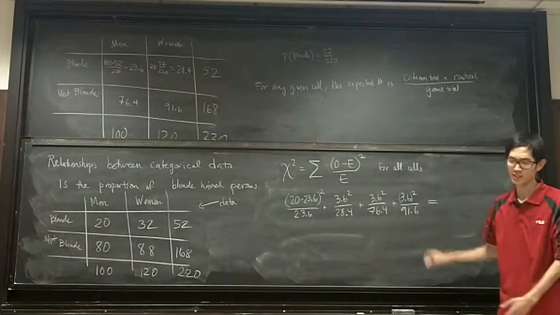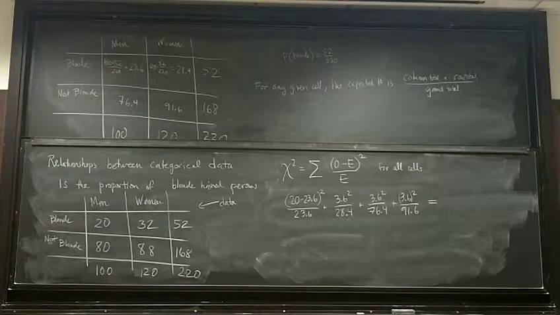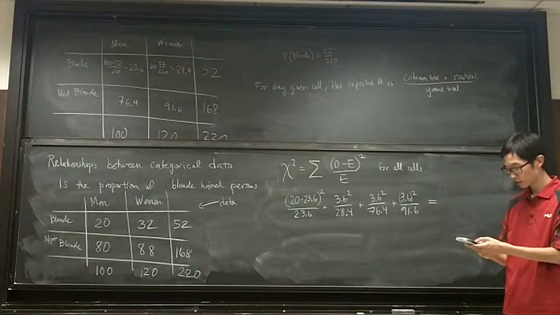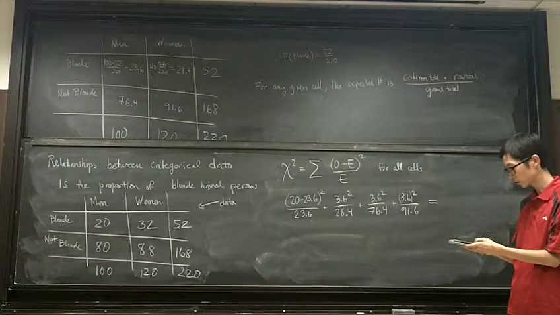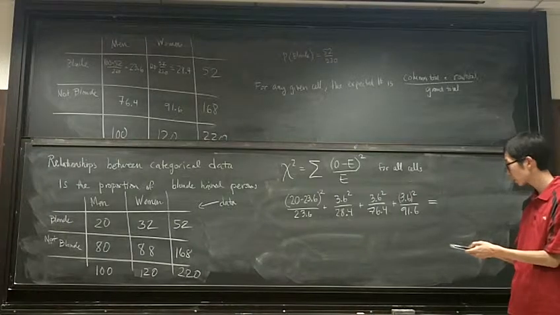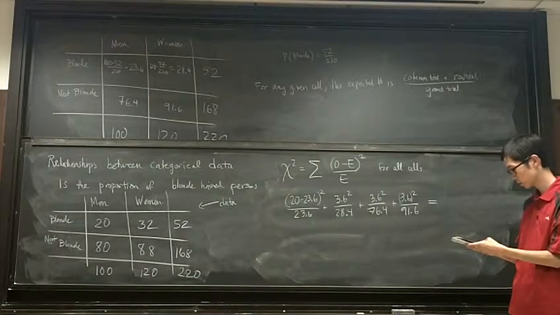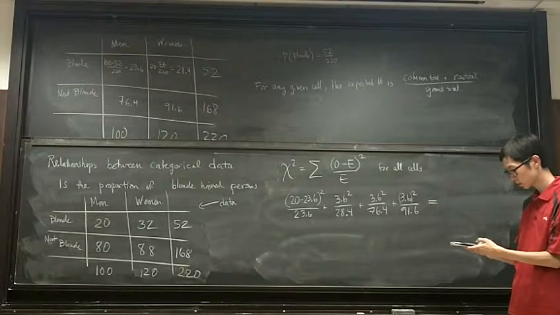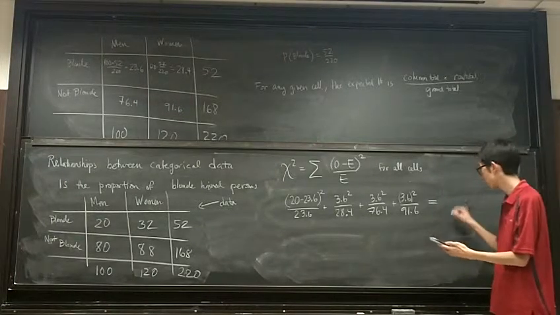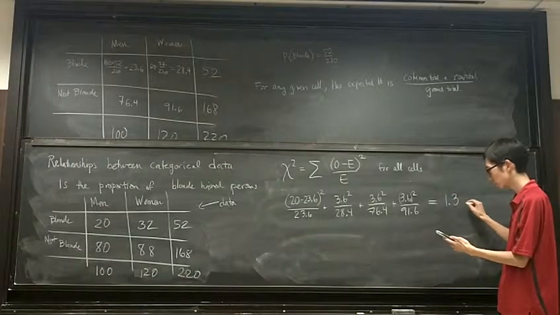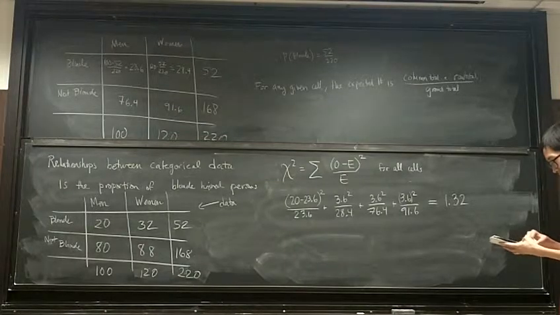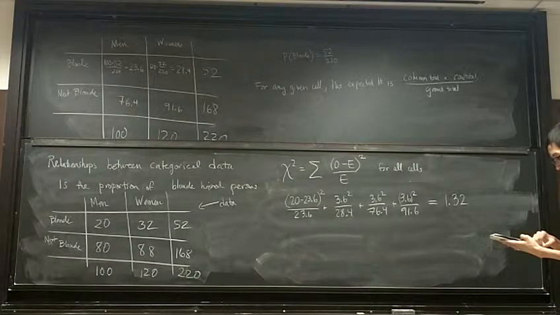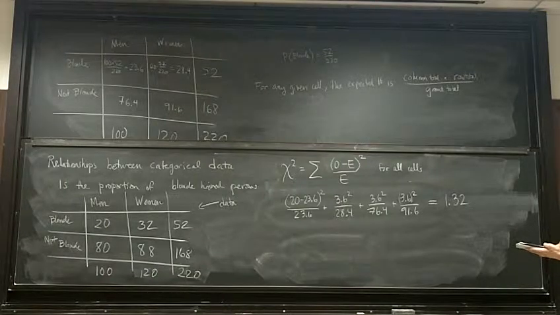I hope this isn't confusing. So let's do 3.6 squared over 23.6 plus, and do this with all of these. And I get a chi-squared statistic of 1.32. I was hoping it would be bigger. Guess not.